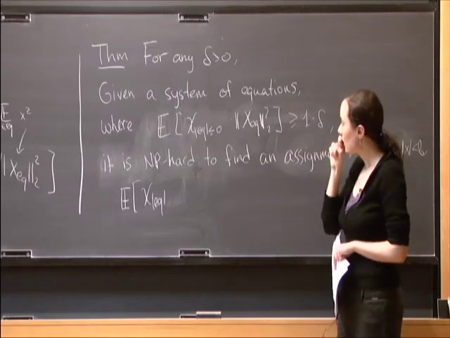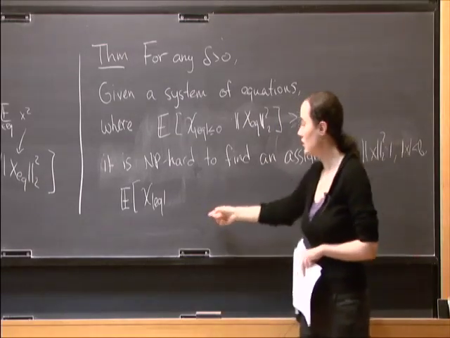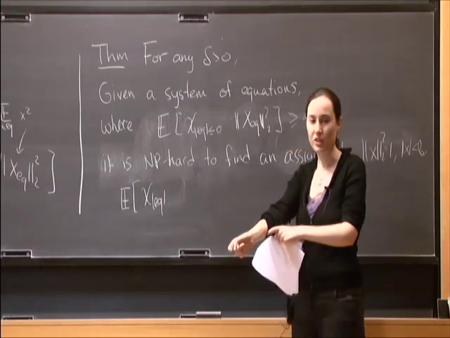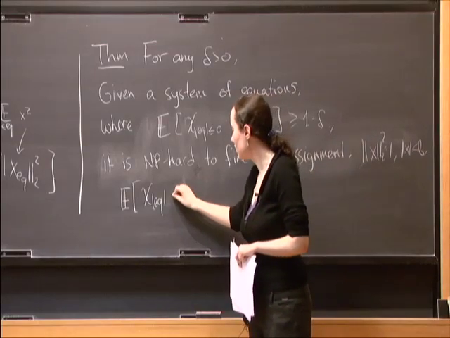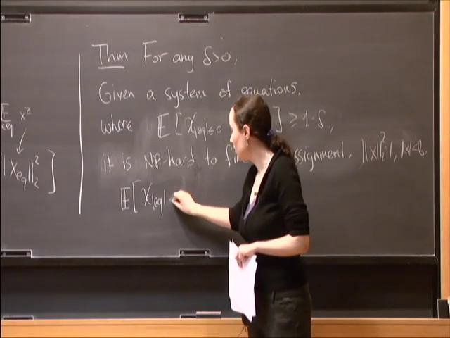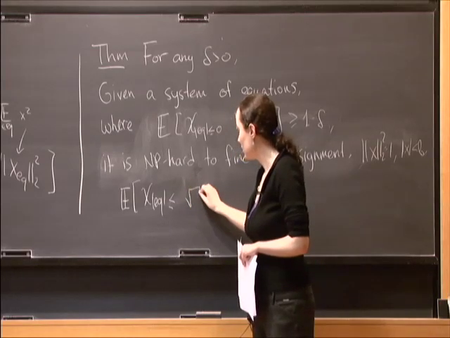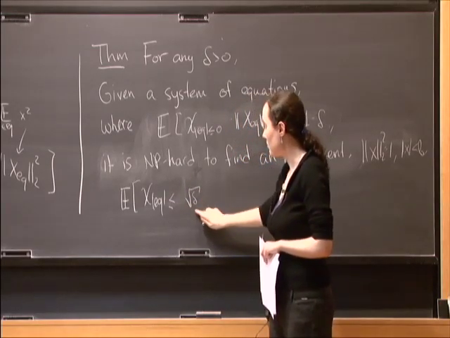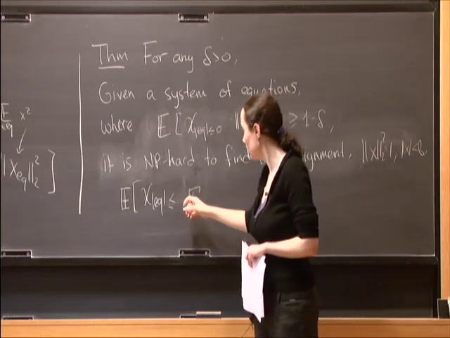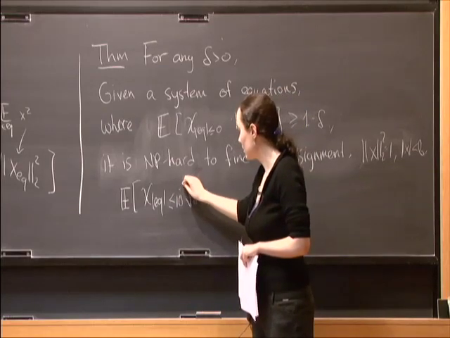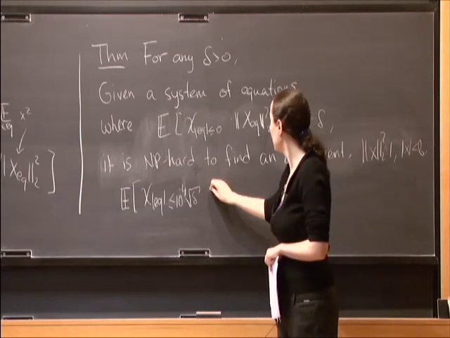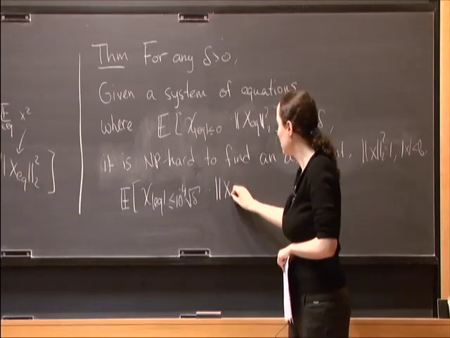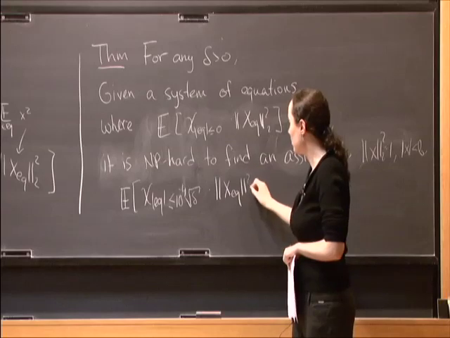So now I'm going to let the algorithm have a very large margin. The margin that I'm going to let it have is going to be something of the magnitude of square root delta, say 10 to the minus 4 square root delta times the norm of the equation.